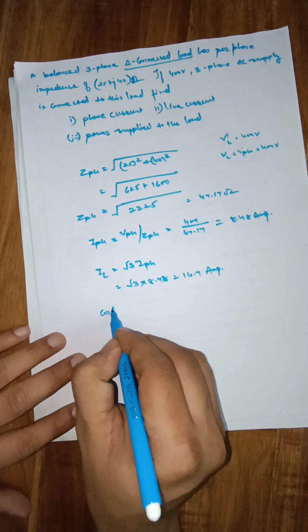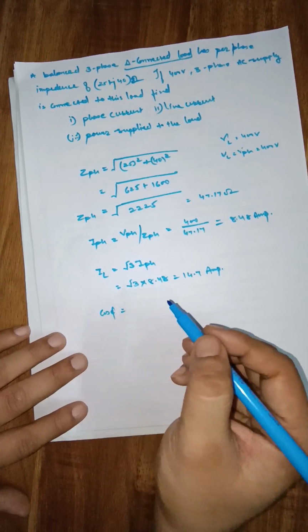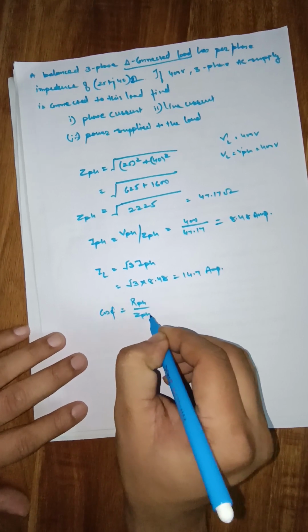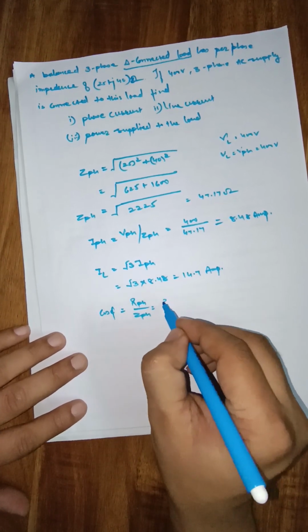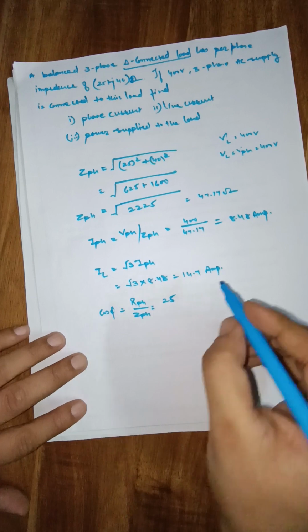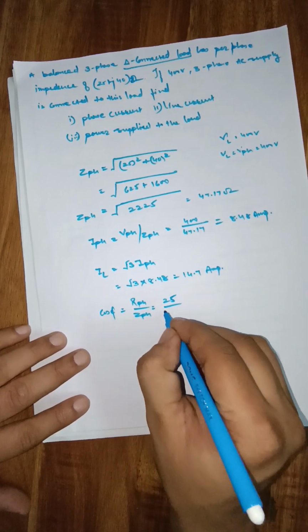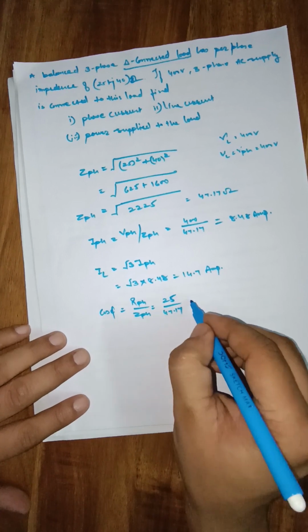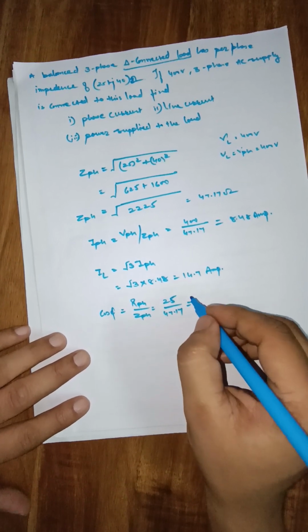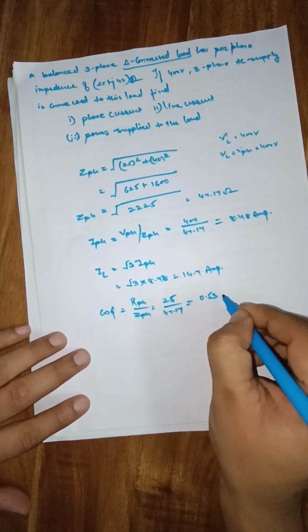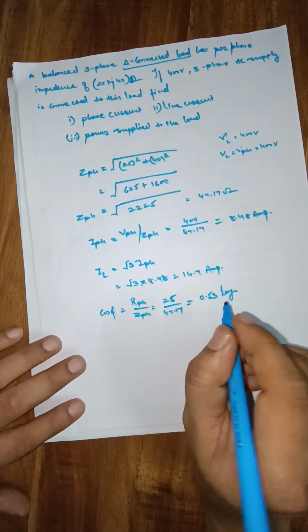What will be the value of power factor cos phi? Cos phi equal to R upon Z, so it will be equal to RPH upon ZPH. What is RPH? 25 ohm. ZPH is equal to 47.17. So the value will come out to be 0.53 lagging.